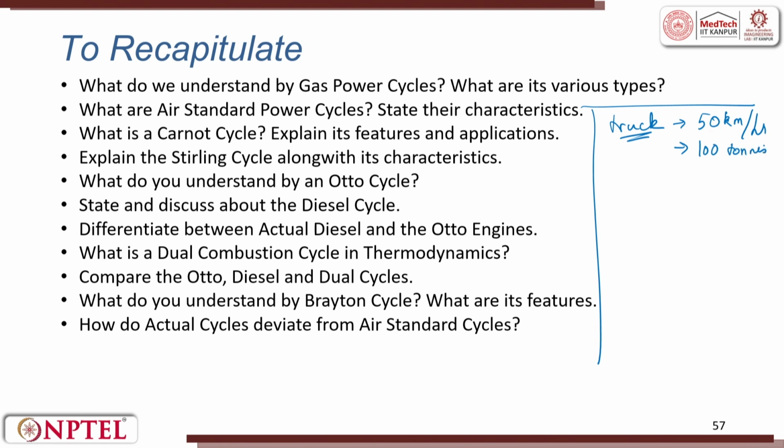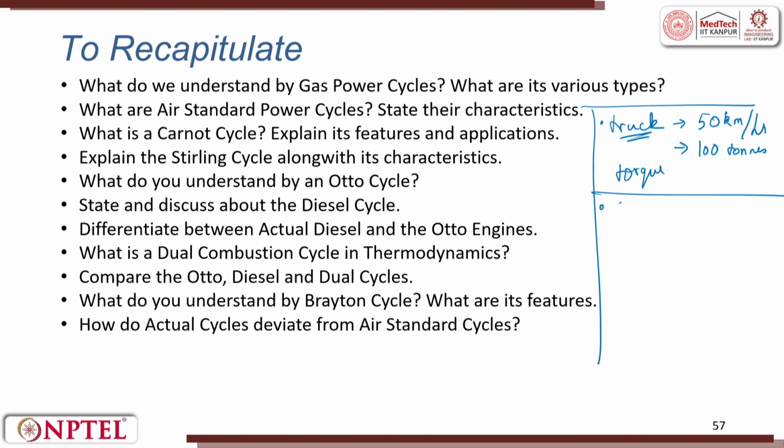Try to see what torque it will generate for its motion with this load. This is just a simple calculation. You can try to see what the torque is, and what energy is required for it to take 100 tons on its back and run at 50 kilometers per hour. Just a simple calculation so that you know what energy we are talking about.